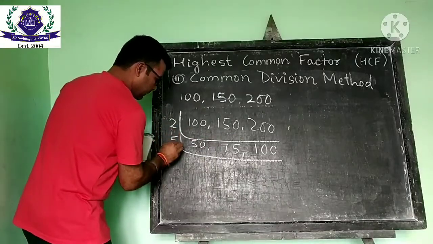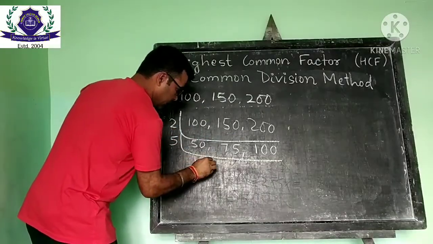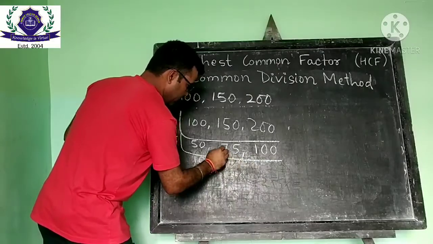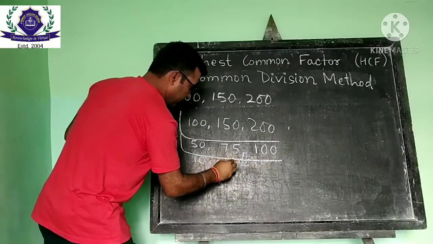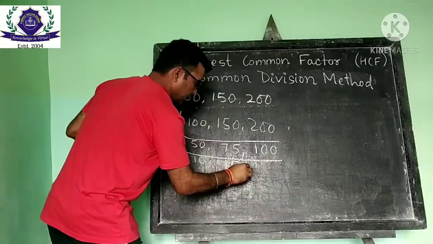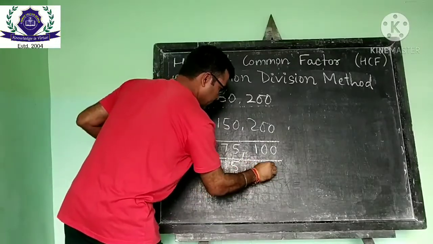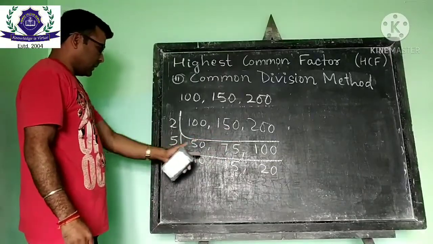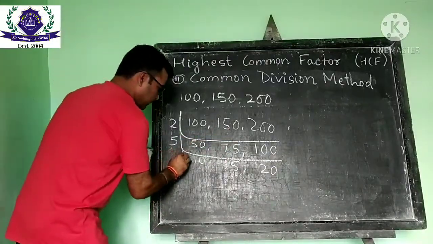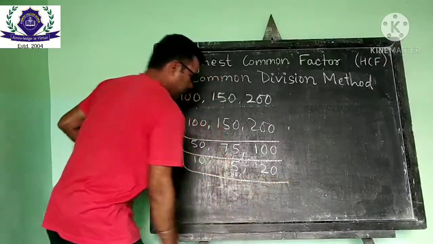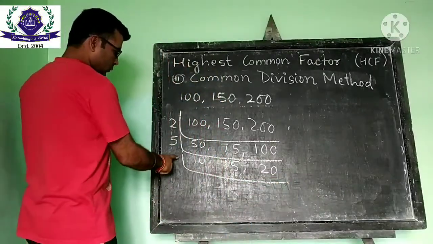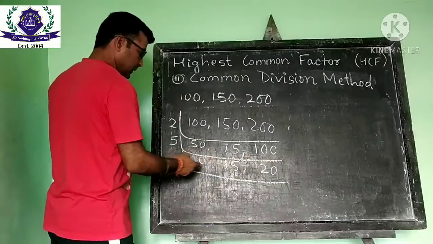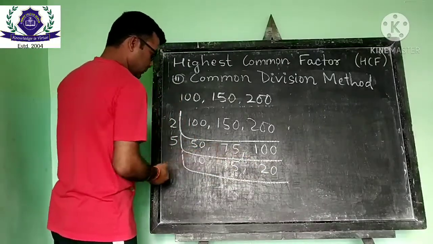So let us see here. 5 10s are 50. In this way 5 1s are 5. 5 5s are 25. Then 5 2s are 10. 5 0s are 0. So I can divide all 3 numbers by 5 in this way. So again, let us see if any number can divide it. 2 can divide this 2 only, not this. 3 can divide only this, not this 2.